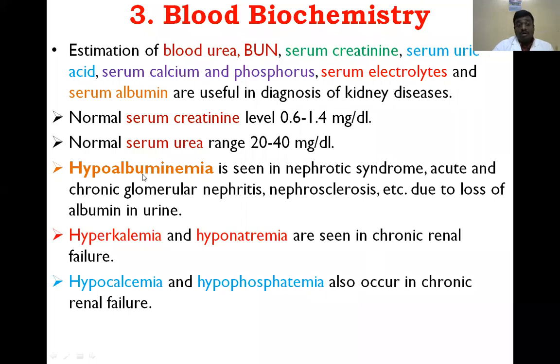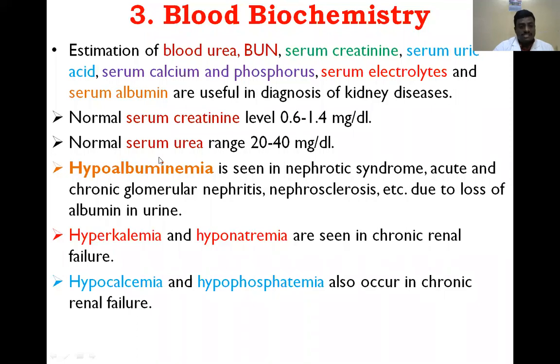Whenever more albumin is filtered through the kidney, the albumin concentration in the blood can reduce. In normal persons, no albumin is eliminated through the kidney; only in kidney failure persons is albumin eliminated through the kidney.